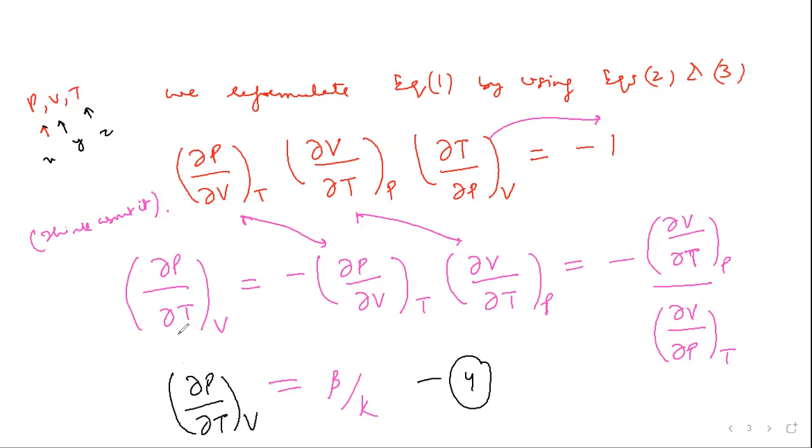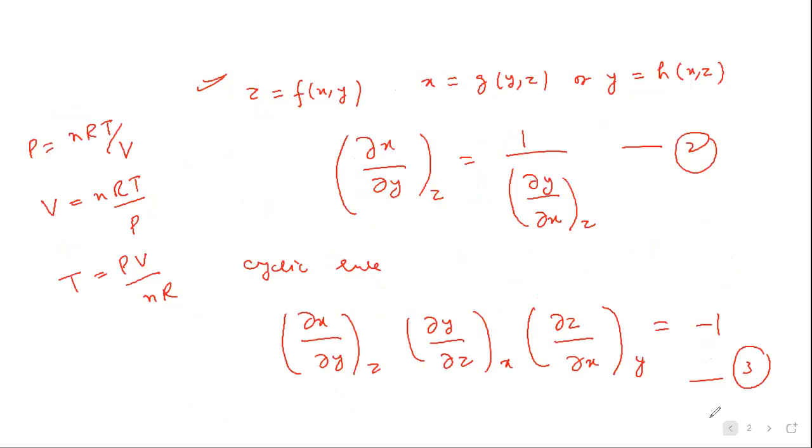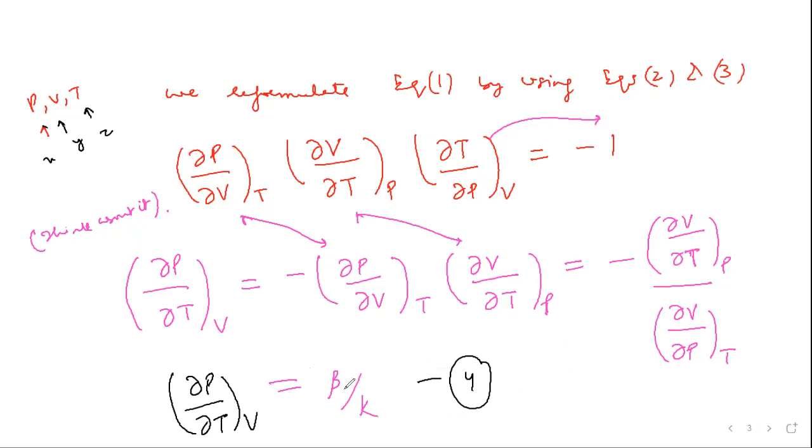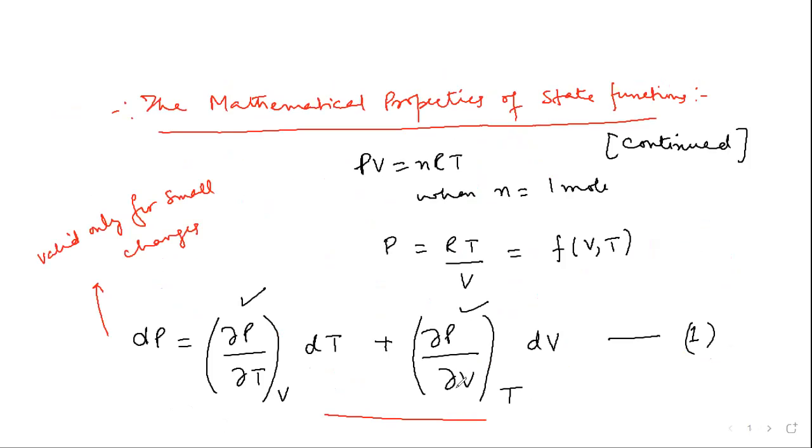See, in equation first, we have two partial derivatives. One is dou P by dou T at constant V, which we have shown to be equal to beta by K. Now we have another partial derivative, which is dou P by dou V at constant T.